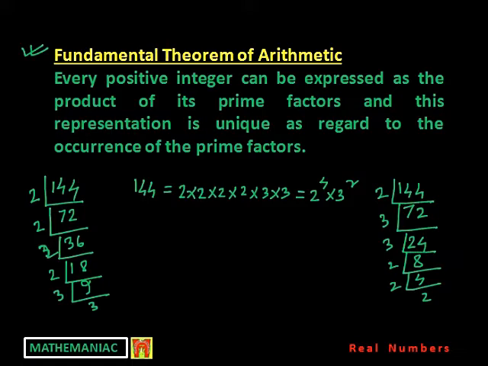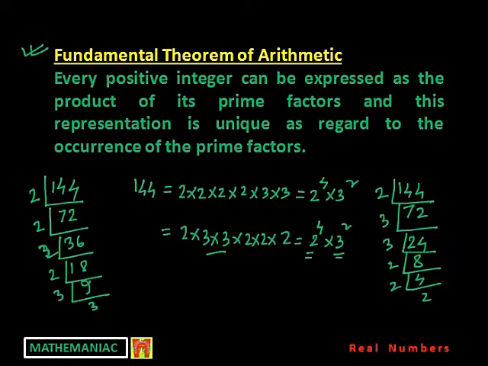Because even if he did not continue with all the 2 factors first, ultimately you can observe that whatever way he has split up the 144, you will find the same number of 2's and the same number of 3's. It is immaterial whether he has started his division by 2, 3 or whatever, but ultimately when you count the number of prime factors, it remains the same.